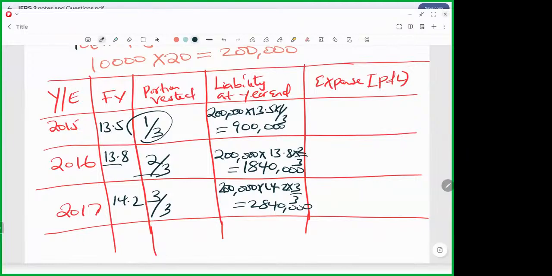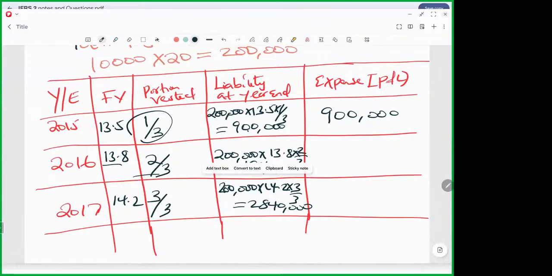So remember, this liability began at the beginning of the year. By the end of the year, you can see it has been able to hit 900,000. The expense for the first year, you look at the increment from 0 to this. So expense for the first year is 900,000. Expense for the second year, we're looking at the increase from 900,000 to 1,840,000.